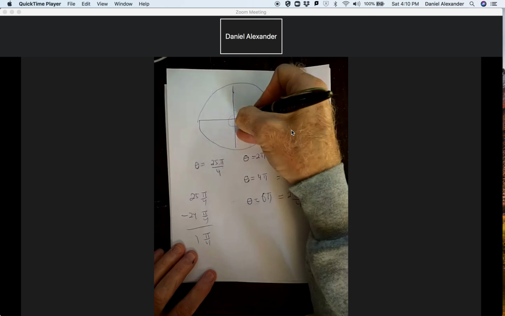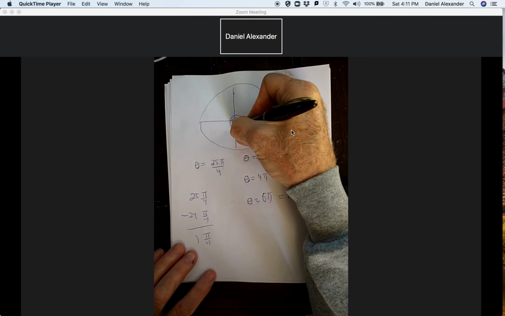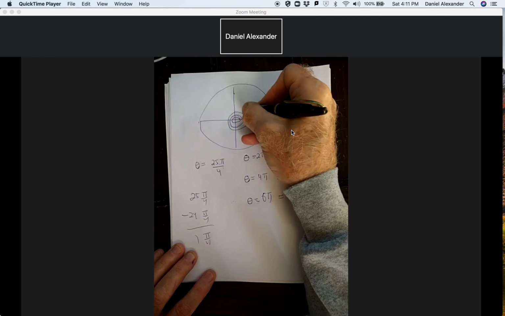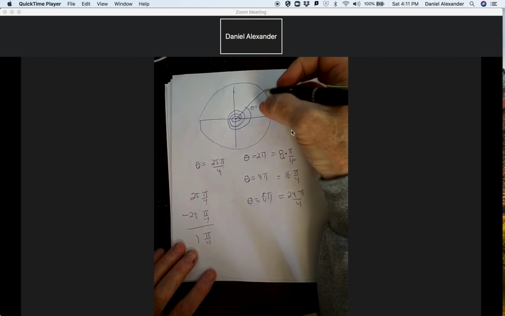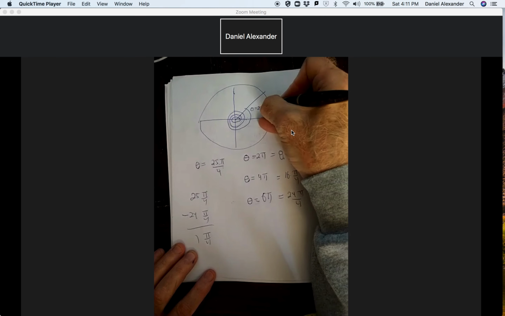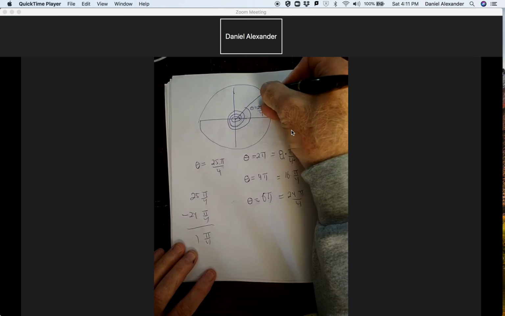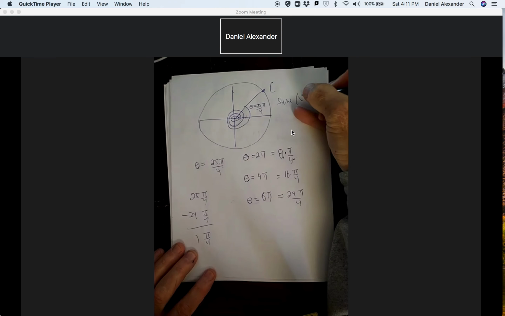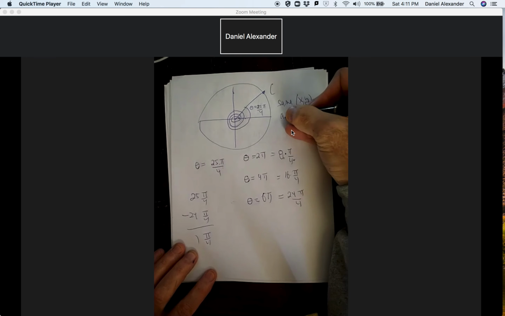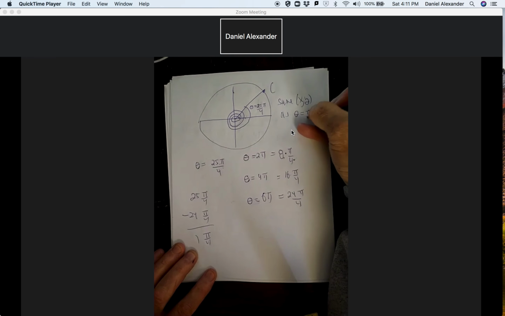So this angle, 2 trips around, 3 trips around to here, theta equals 25 pi over 4. That's going to have the same x and y, same trig ratios as theta equals pi over 4.